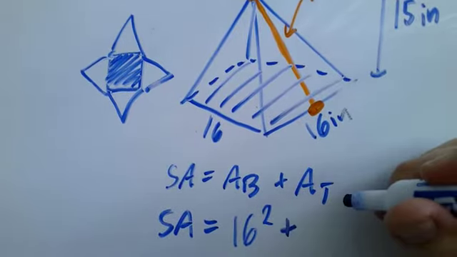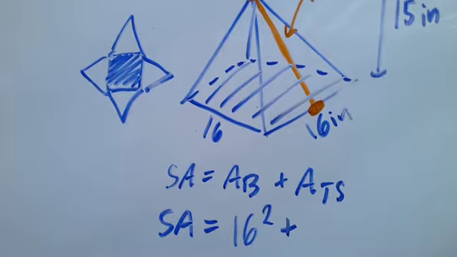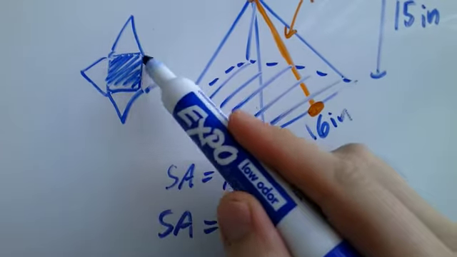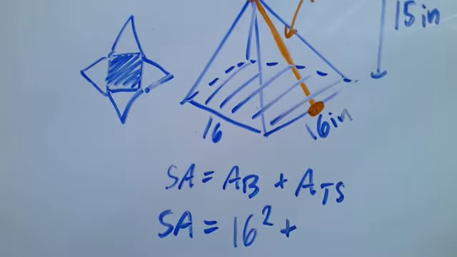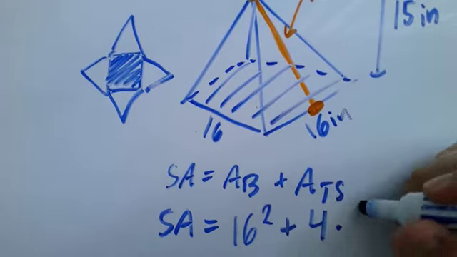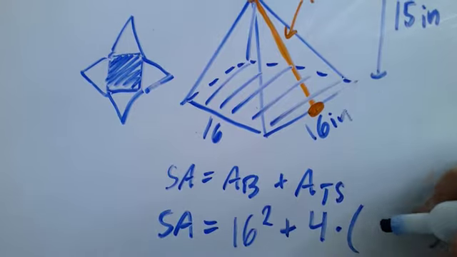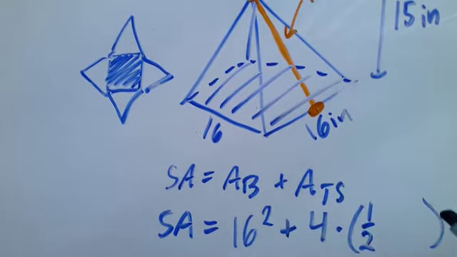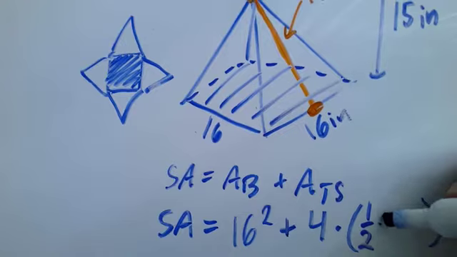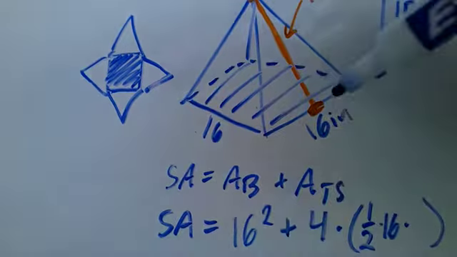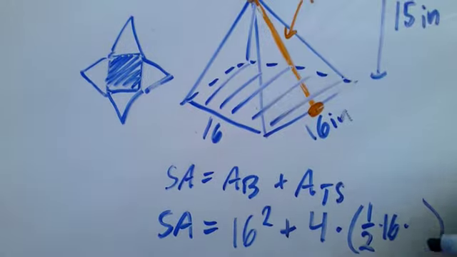We have to add the area of the triangles, plural, meaning these 1, 2, 3, 4 different triangles. The way that we do that is we just do 4 times the area of one of them. And it's not that hard to find the area of one triangle. You just do 1/2 times the bottom of that triangle, which is 16, times the height of that triangle, which is actually this orange slant height right here, 17.